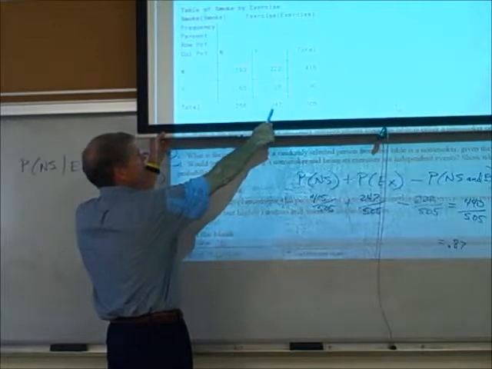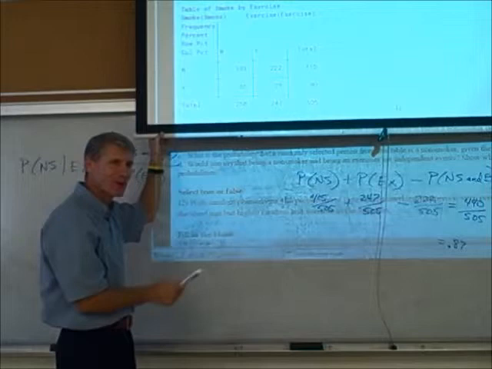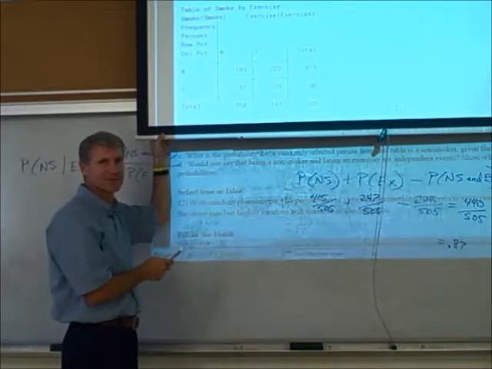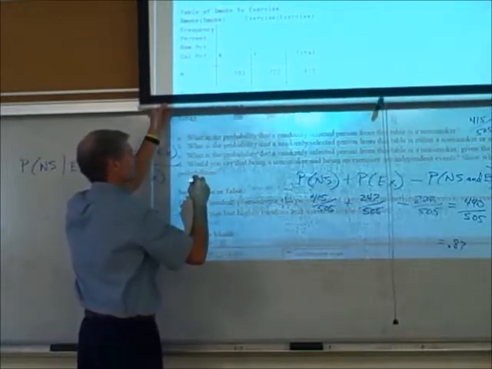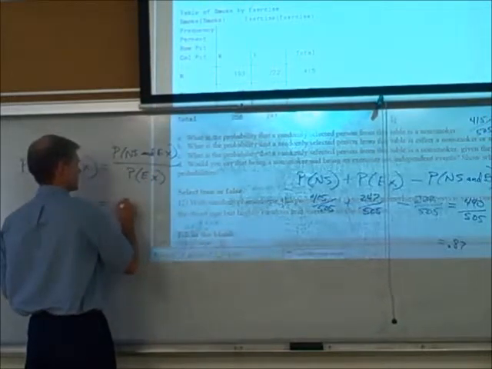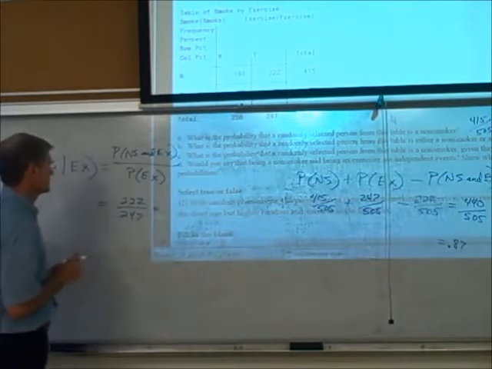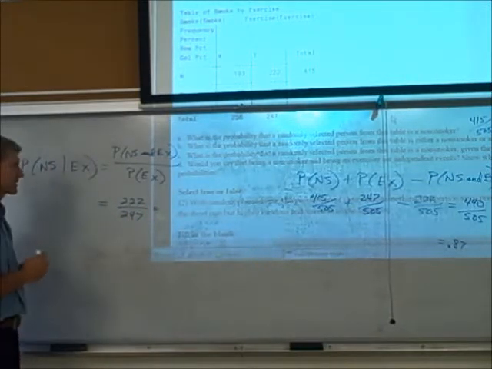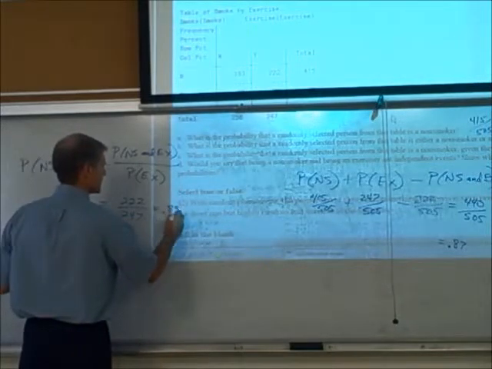How many were both non-smokers and exercisers? 222. So it's 222 out of 247. Okay, somebody give me that as a decimal. 0.8987.